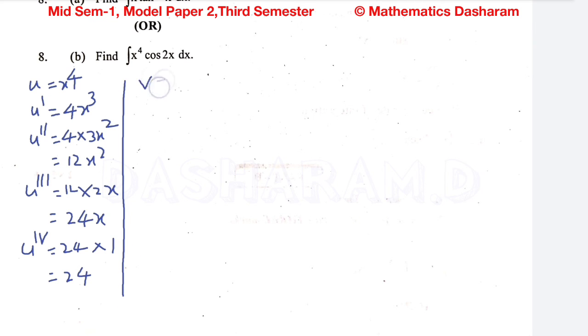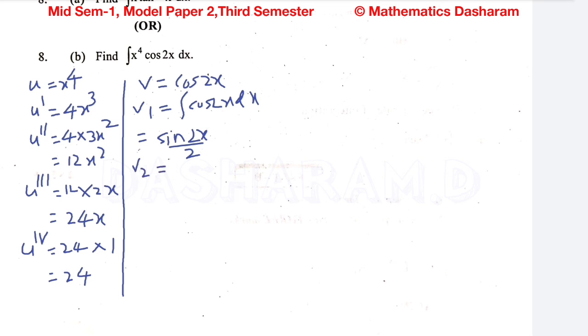Next, v equals what? cos 2x is the v value, so v1 means integration of cos 2x dx. So integration of cos 2x is sin 2x divided by 2. Next, v2 is integration of sin 2x by 2 dx.